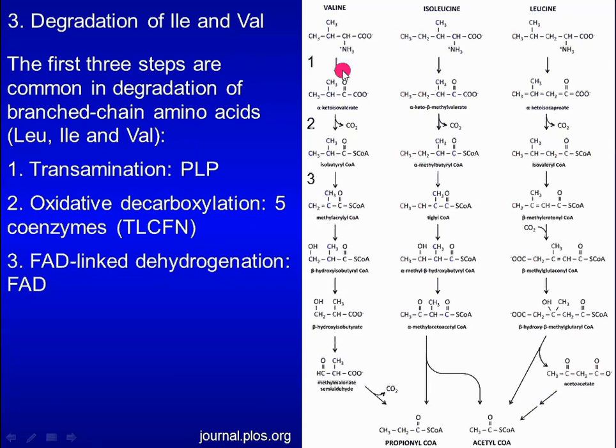Transamination requires PLP as coenzyme. Oxidative decarboxylation requires 5 coenzymes as described in the mnemonic, Tender Loving Care for Nancy. FAD-linked dehydrogenation requires FAD.